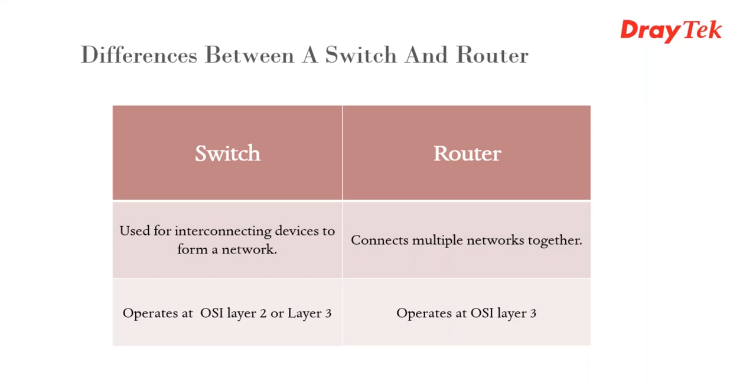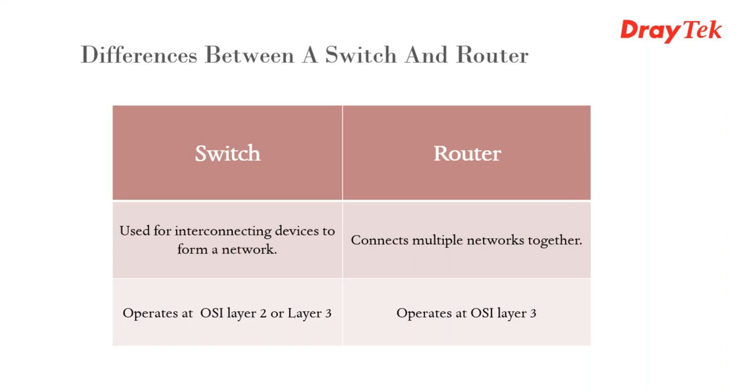Homes and small offices need routers for internet access, but most do not need a network switch unless they require a large amount of Ethernet ports. However, large offices, networks, and data centers with dozens or hundreds of computers usually do require switches. Network switches can operate at either OSI layer 2, also known as the data link layer, or layer 3, also known as the network layer.